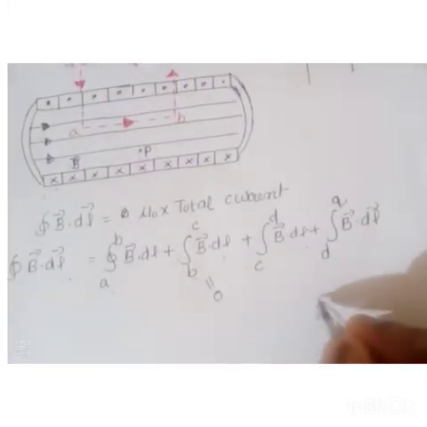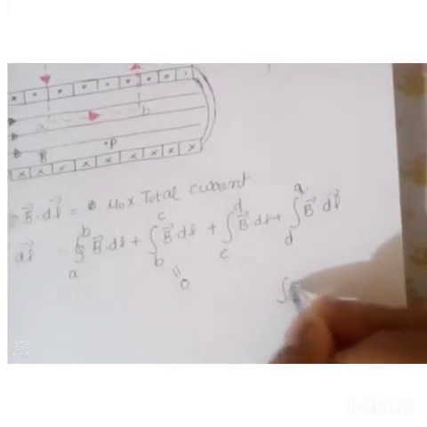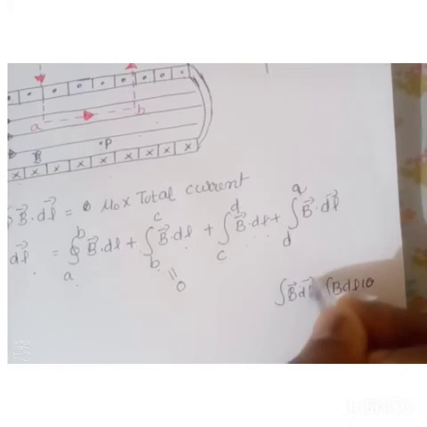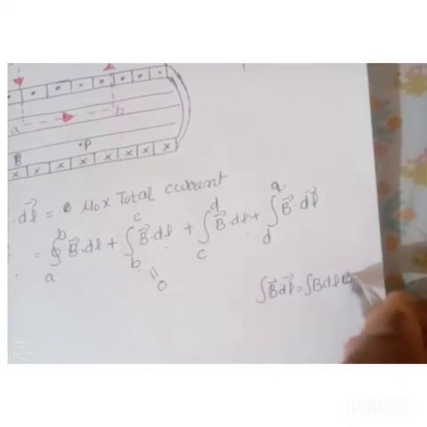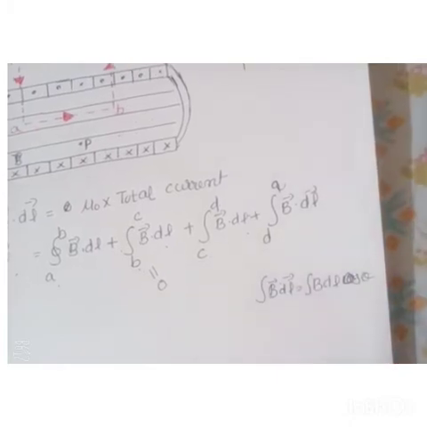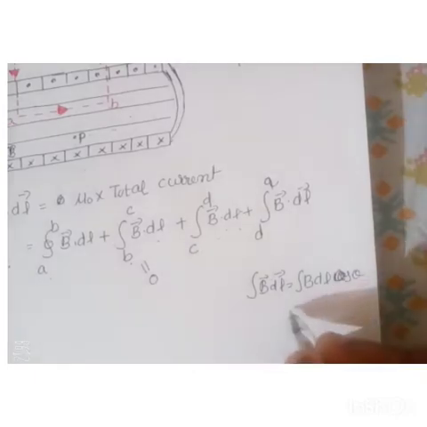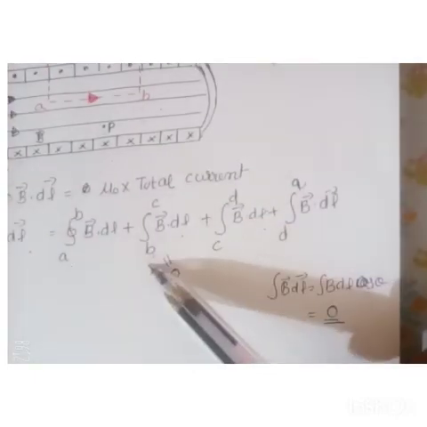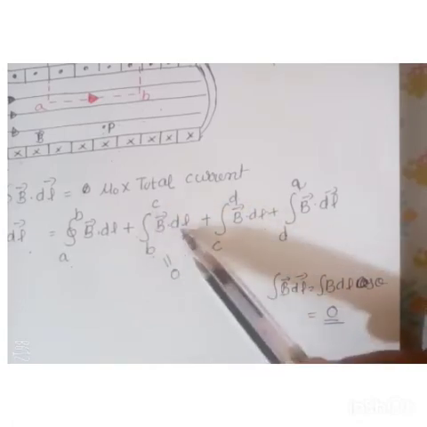You know that the integral of B dot dl is the integral of B dl cos theta. Here theta is 90 degrees, so this becomes 0.